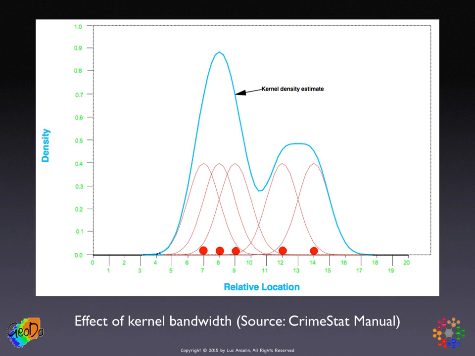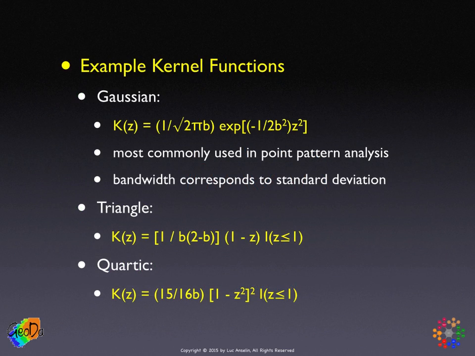And so kernel intensity estimation is very sensitive to the choice of the bandwidth, not so much to the choice of the kernel function as such. In point pattern analysis, the typical kernel function that's used is a Gaussian or normal distribution. Now, a normal distribution is actually infinite.